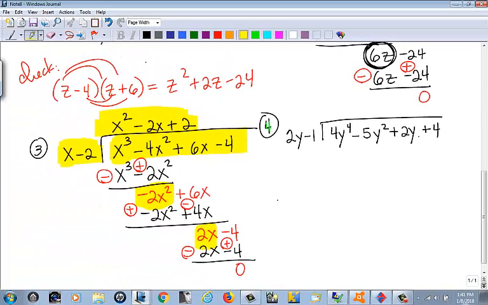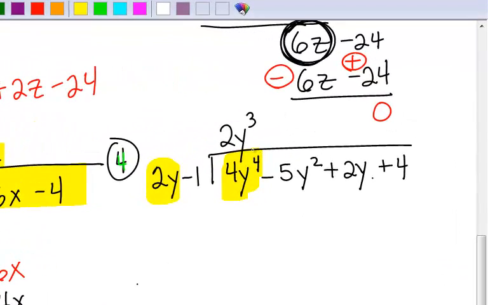So you're going to look at this, 2y. Yep, so we need 2y cubed. 2y cubed times 2y would be 4y to the 4th. 2y cubed times negative 1, negative 2y cubed.